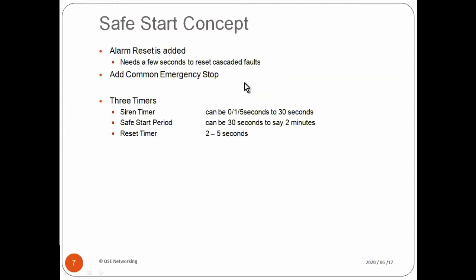If it's true, then it's healthy to run. And if the power goes off, or if somebody pulls a pull wire, pushes a button, all the equipment in that area must stop. So we've added to our group an alarm reset feature and a timer, and then a common e-stop. So we're going to create a UDT out of that.